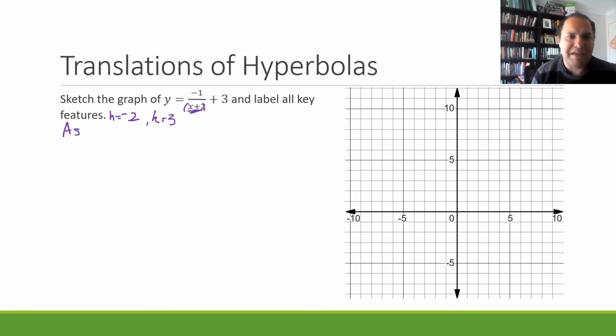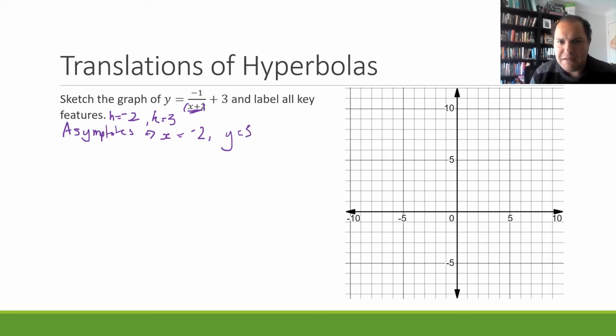Alright, for our rectangular hyperbola, our asymptotes have the values of h and k. So our vertical asymptote will be x equals -2, and our horizontal asymptote will be y equals +3.